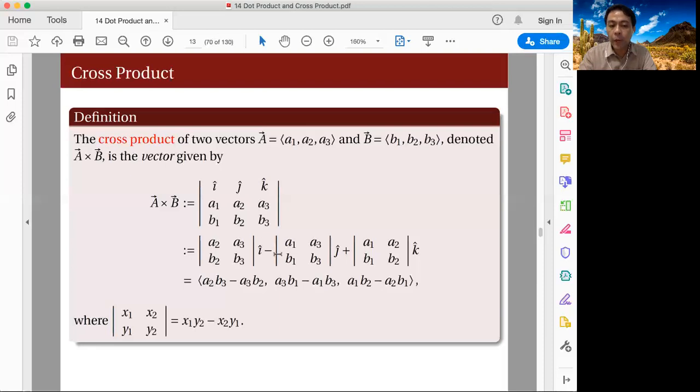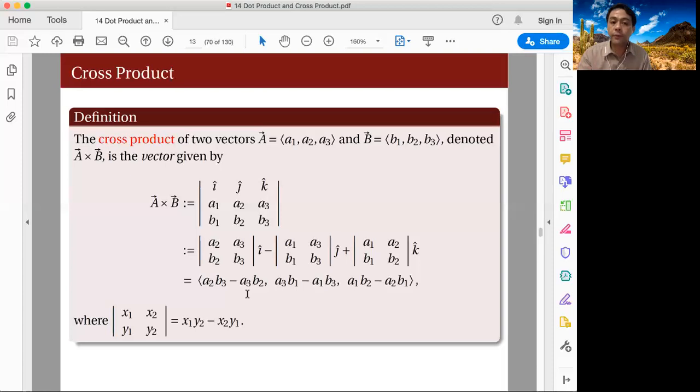But we put a minus sign here. And lastly, for the third component, we cover the third column and we get the determinant of the first two columns, and that will be our k component. The definition is, you get the product of the main diagonal minus the product of the off diagonal. That's what we have here.